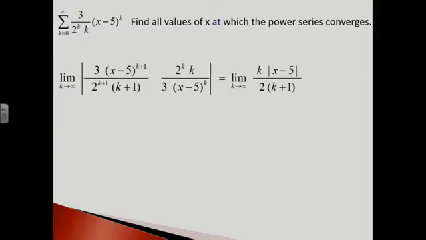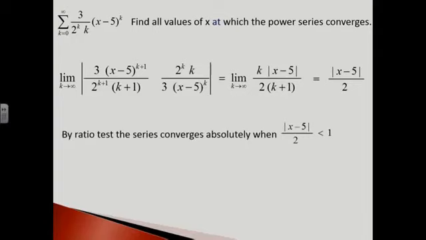The limit of k divided by k plus 1 is 1, so the limit is the absolute value of x minus 5 divided by 2. The generalized ratio test tells us that this series converges absolutely when the absolute value of x minus 5 divided by 2 is less than 1. It implies that the absolute value of x minus 5 is less than 2.